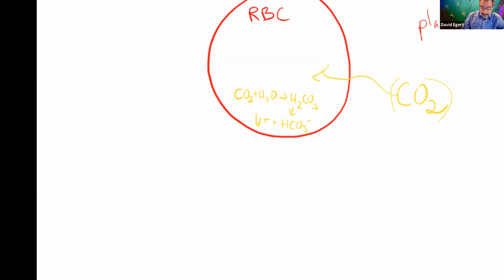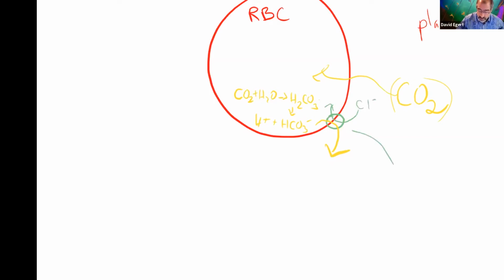And then there is an antiport. The HCO3 minus leaves the cell through this antiport, but to keep the charge balance, if I have a minus thing leaving, I need to have a minus thing coming in. So a chloride enters the cell.